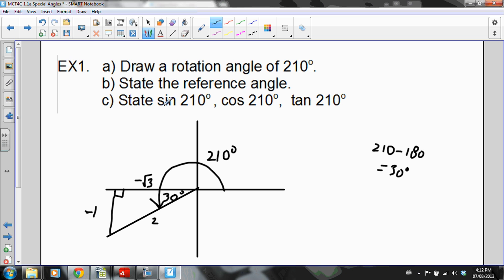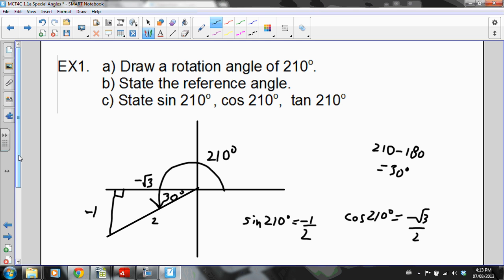The trig ratio sine of 210 degrees is still just sine is opposite over hypotenuse. Opposite is negative 1 over hypotenuse, which is 2. The cosine then of 210 degrees, adjacent over hypotenuse, and notice exact values, negative square root of 3 over 2.